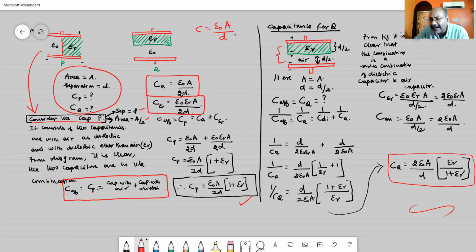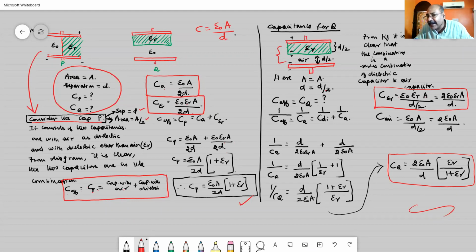What is the capacitance for the dielectric? The capacitance for the dielectric capacitor is given by C epsilon R equal to epsilon 0 into epsilon R into A by D by 2.